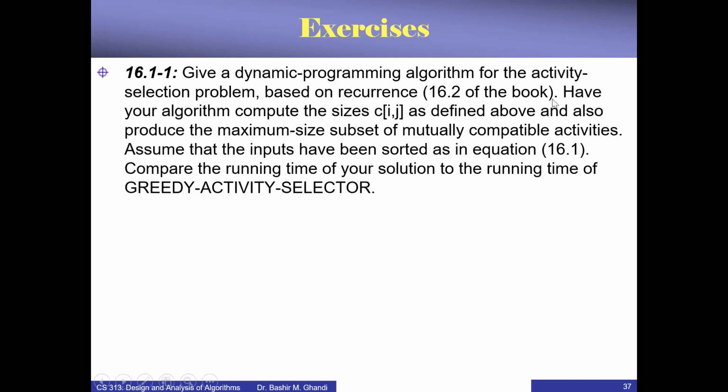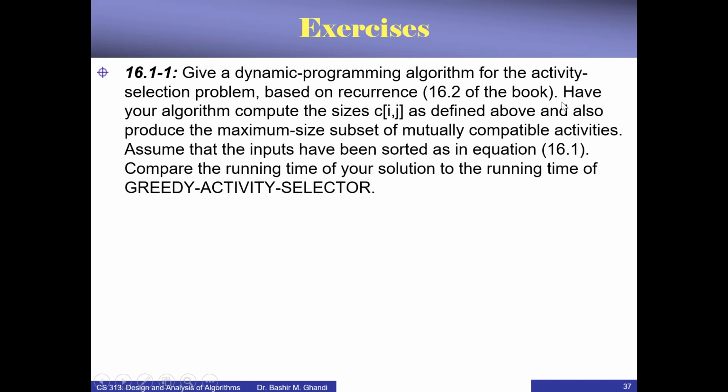The first one says, give a dynamic programming algorithm for the activity selection problem based on the recurrence that we obtained in equation 16.2 of the book. We have the same equation in the slide, where we got the Cij equal to something. Instead of solving with the greedy approach, continue with the dynamic programming approach that we started.